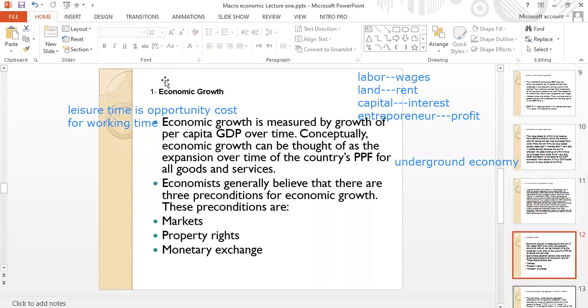We then measure economic growth. Economic growth is measured by the growth of per capita GDP over time. So the growth of GDP or GDP per capita over time is considered economic growth. Economic growth can be thought of as the expansion of the country's PPF.